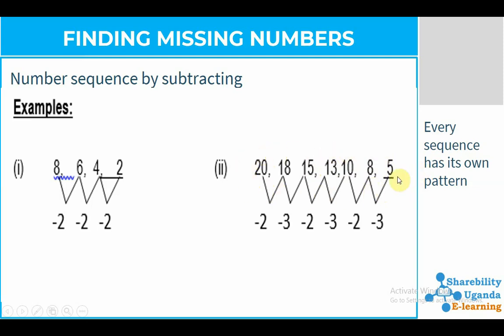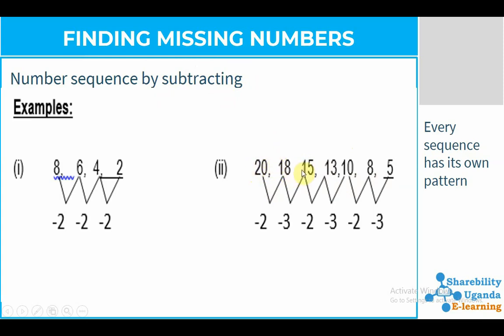I said you think about the operation that these people applied. You see the difference. Okay, you can see the difference from 20 to 18. What is the difference? Because here they were talking about subtraction. You can see that this number is also doing what? It is reducing. That means from 20 to 18 they should have applied subtraction.